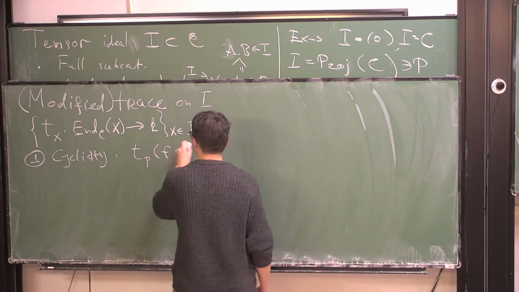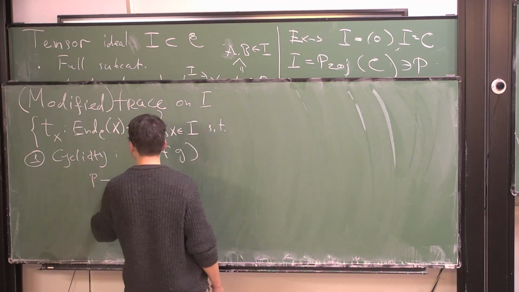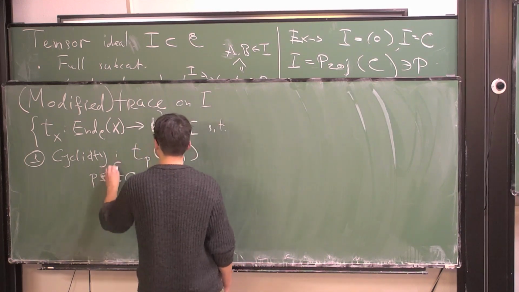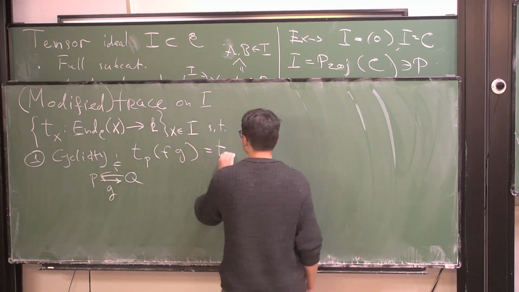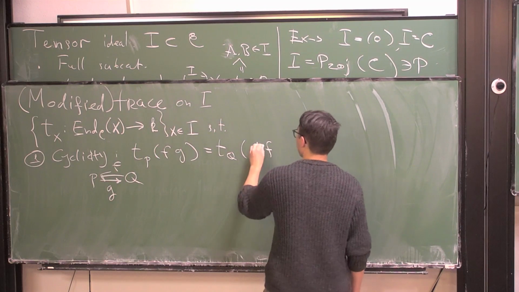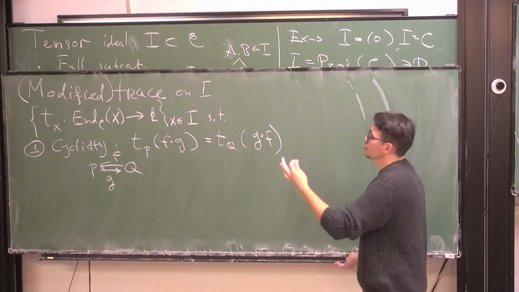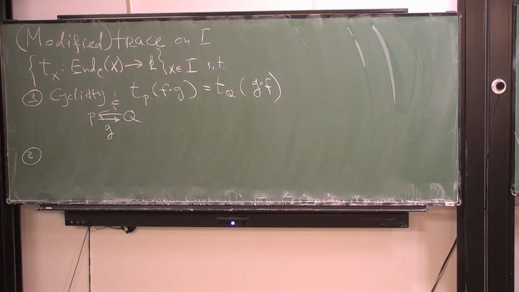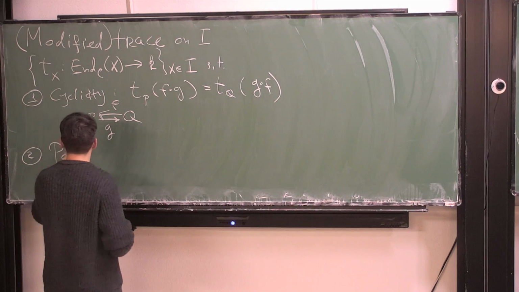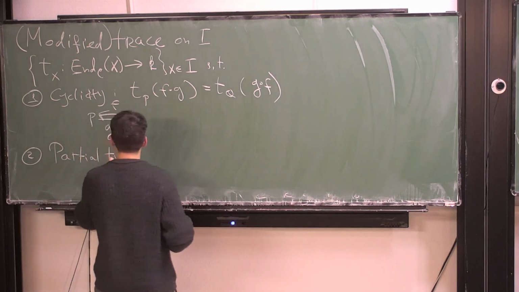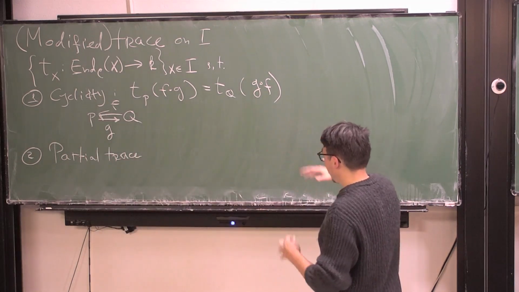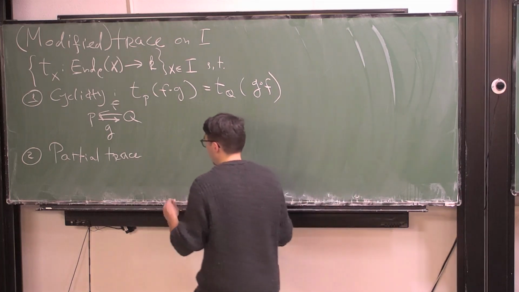Assume P and Q are two objects in my ideal, and I have maps F and G. So it's just the cyclicity property, with composition. This is something you ask of a trace. But now, in order to be able to apply it to link invariants, one needs a special property called the partial trace condition. It's a property that tells you that this modified trace respects your monoidal structure.